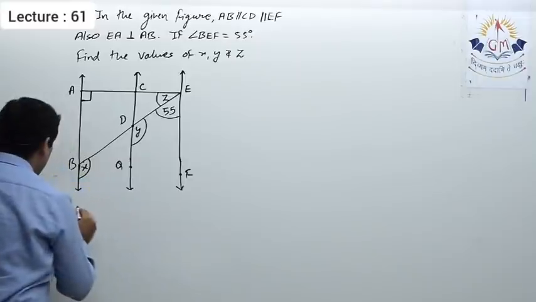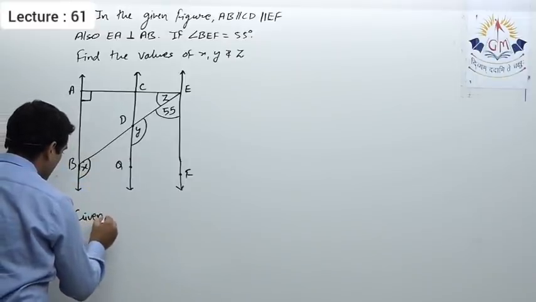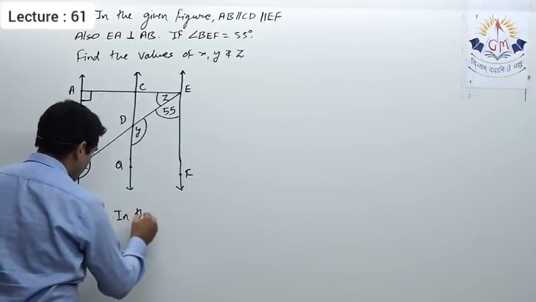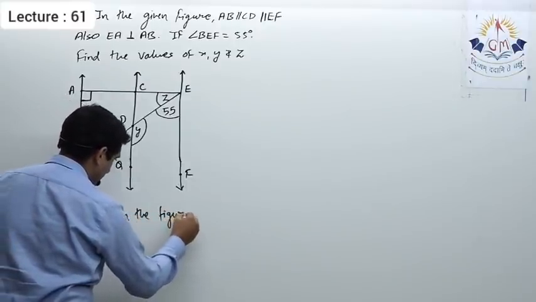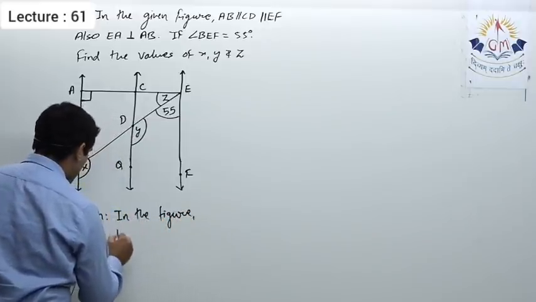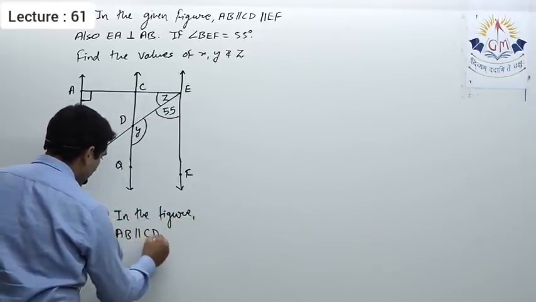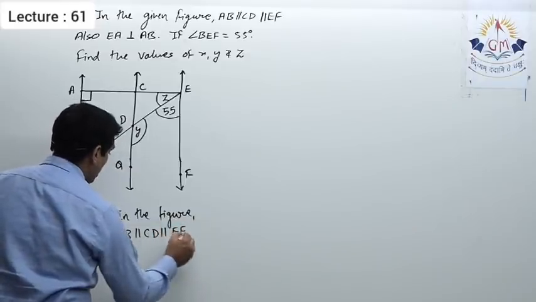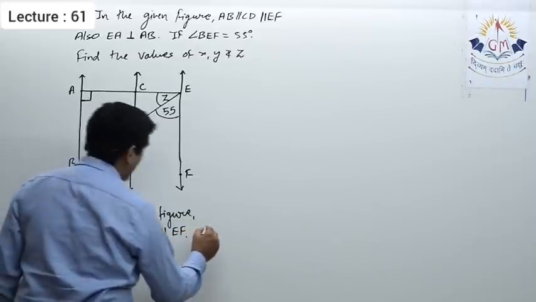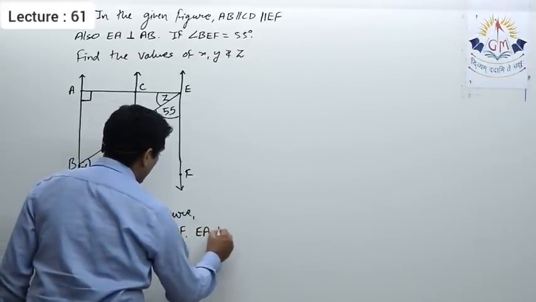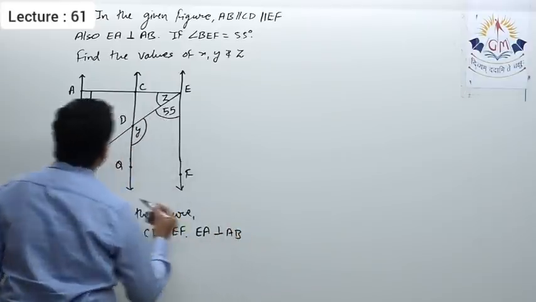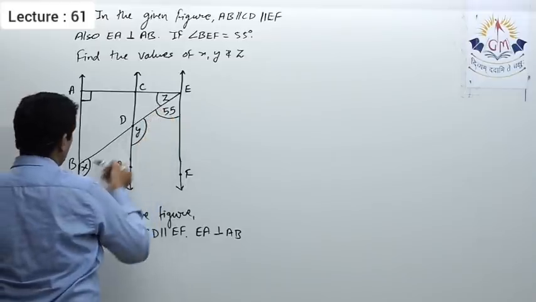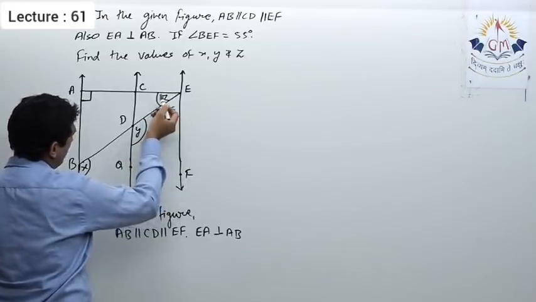First I write given. What is given? Given in the figure, AB parallel CD parallel EF. Also it is given EA perpendicular AB, although it is not required to get X and Y, but yes, to get Z we need this.